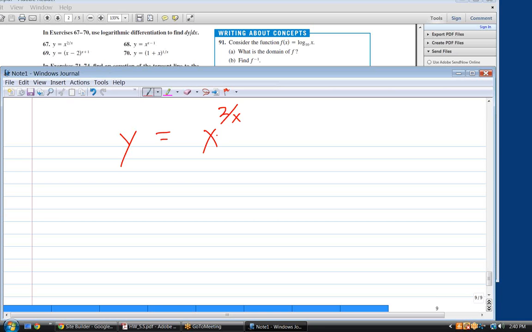Notice that we don't have any rules for x to the x. We don't know how to take the derivative of x to the x. If this lower x was a number, then we could do it using what we've just learned.